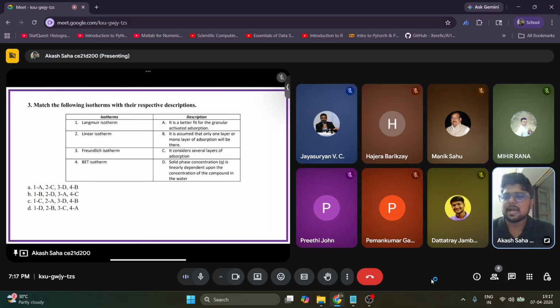Next, match the following isotherms with their respective descriptions. So we have Langmuir, linear, Freundlich, and BET isotherm. Please let me know what is the correct match.